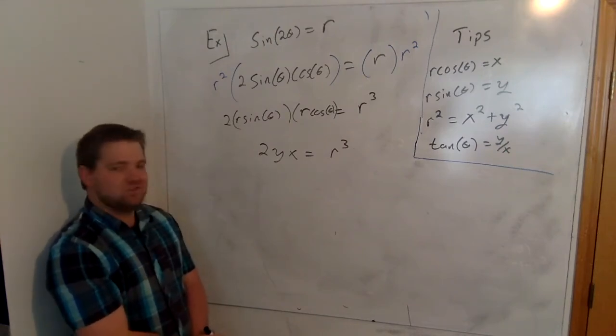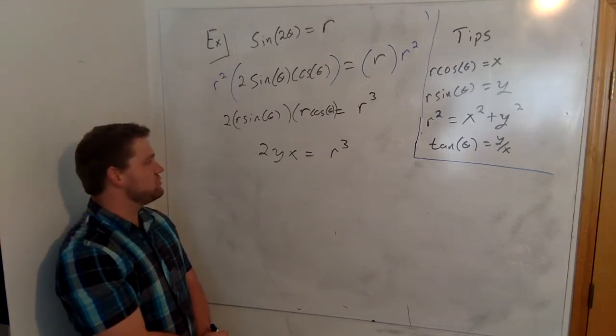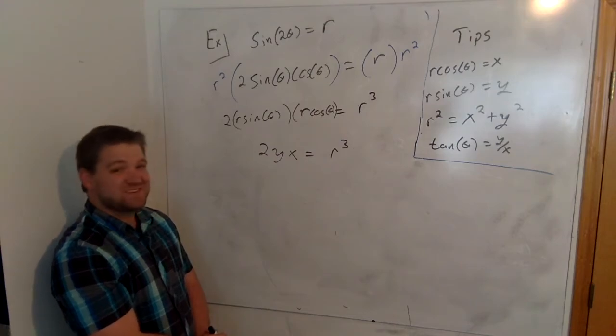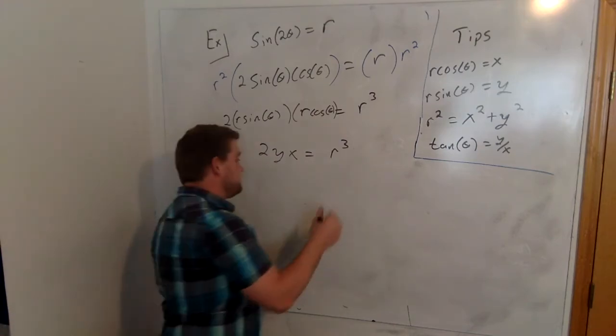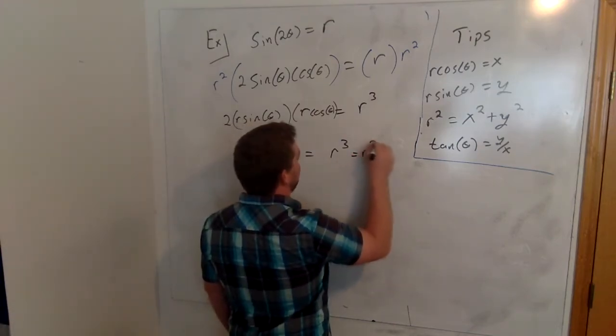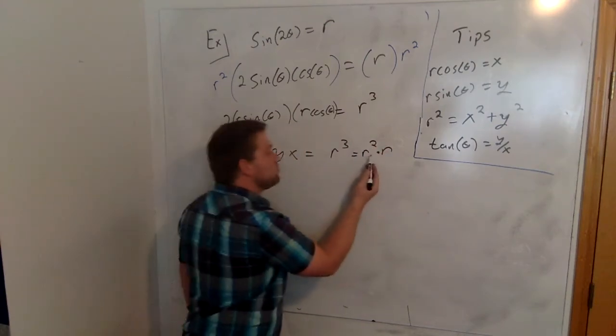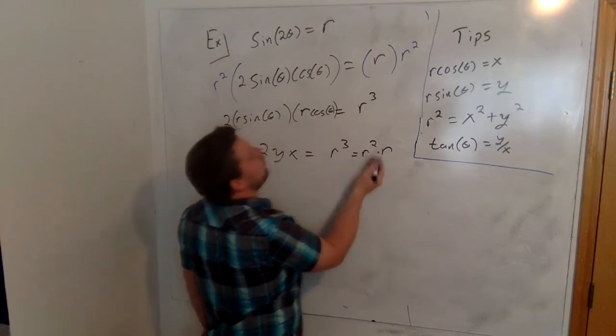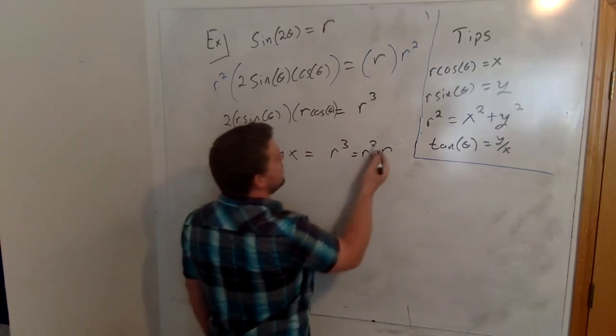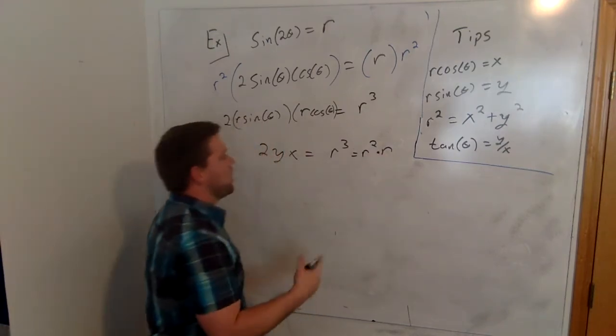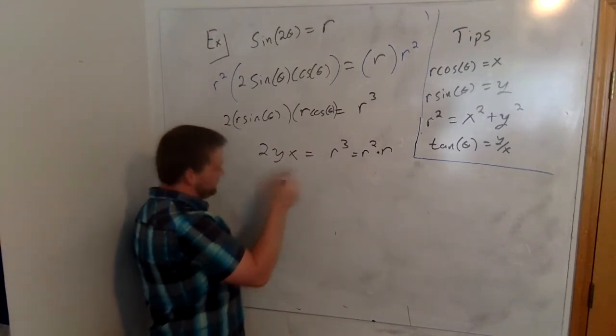So now what to do with r cubed? Well, this is a tough one. In this case, you could write it as r squared times r. So we could replace this r squared with an x squared plus y squared. Okay, that might be helpful. Let's see what that does.